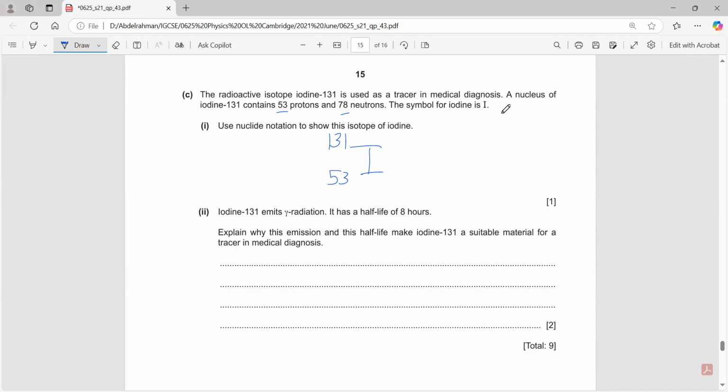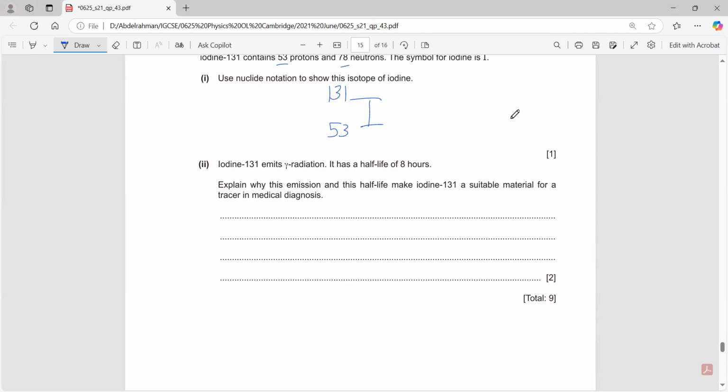Iodine-131 emits gamma radiation. Its half-life is 8 hours. Explain why this emission and this half-life makes iodine a suitable material for a tracer in medical diagnosis. Why do we use iodine? Because the gamma radiation can penetrate through the body and it can be detected outside the body.